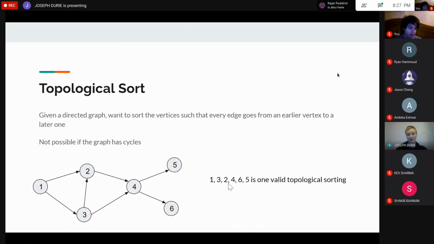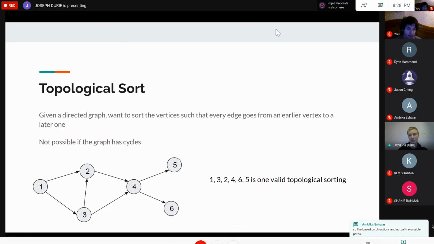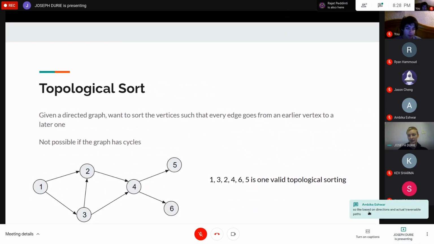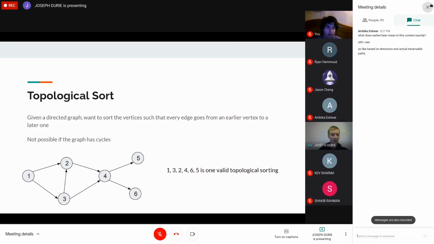But let's say we moved the 4 to the beginning of the list, then this wouldn't work anymore because now we have the 3 after the 4, which is not okay. So going back to the class example, if 3 is a prerequisite for 4, you can't take class 4 before class 3. Yeah. Okay.